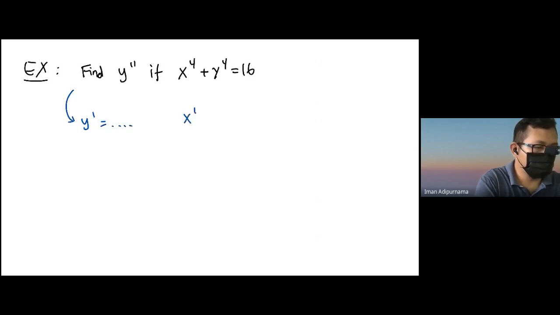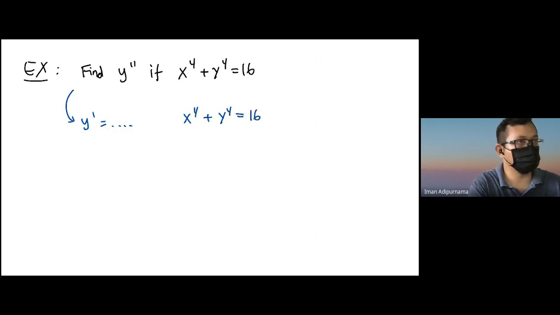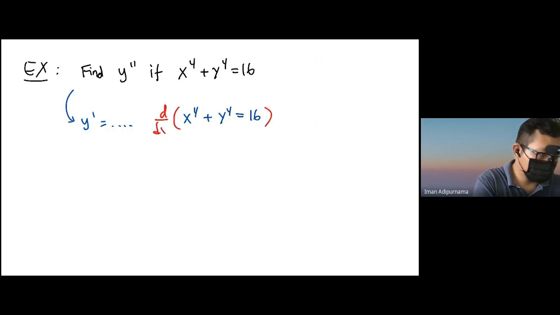Okay, so if we have x to the power of 4 plus y to the power of 4 equals 16, by doing implicit differentiation, I think you get the result easily. It's not a complex function.